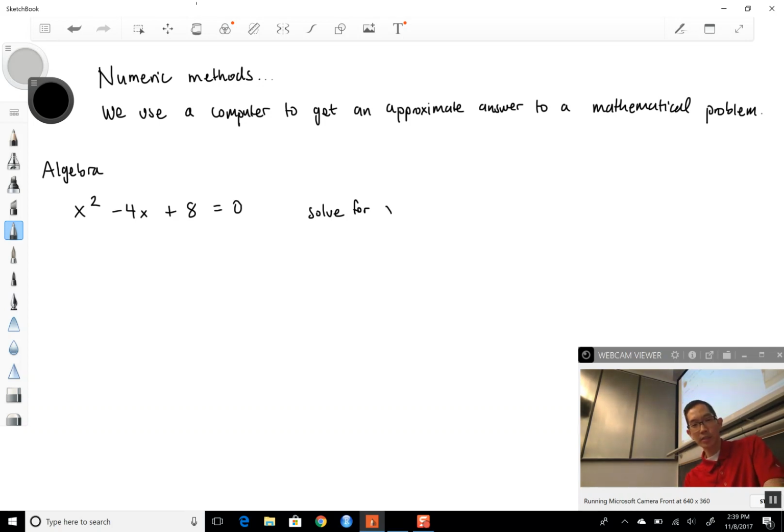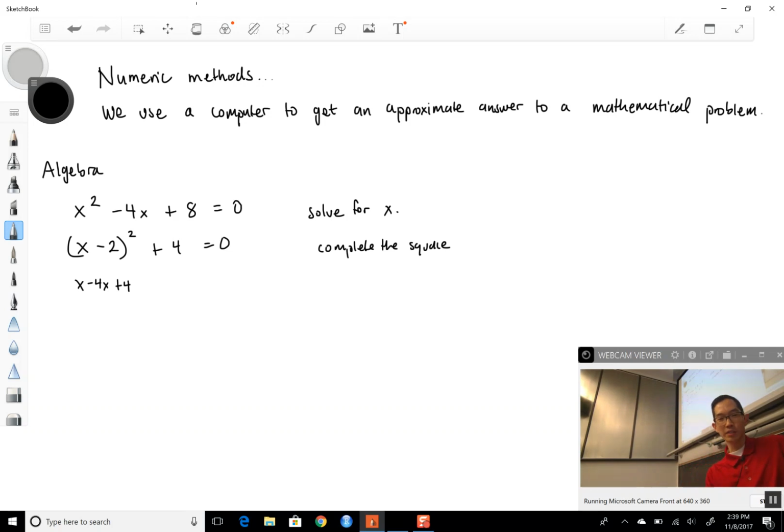Solve for x, okay? What would we have to do? Okay, you could use the quadratic formula, but I would say, complete the square, right? So we have x minus 2 squared, which if we did that would be x squared minus 4x plus 4. Okay, so we have this, and then we have plus 4 is equal to 0, right?